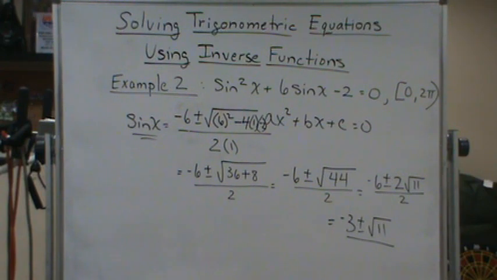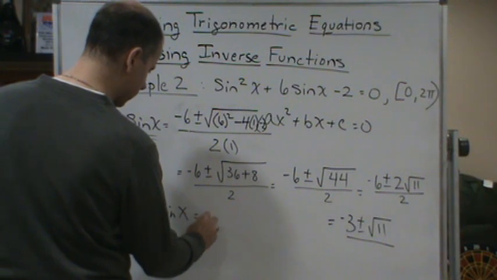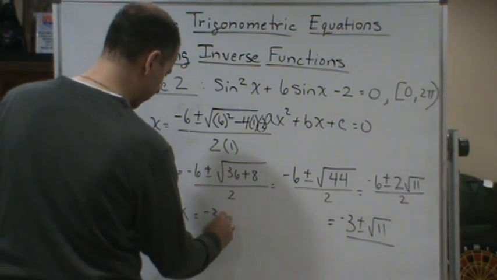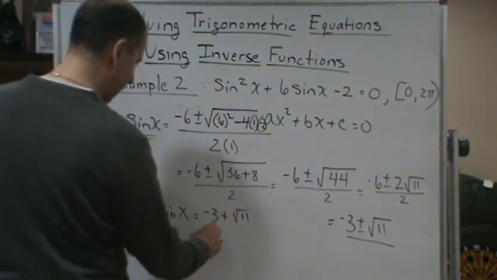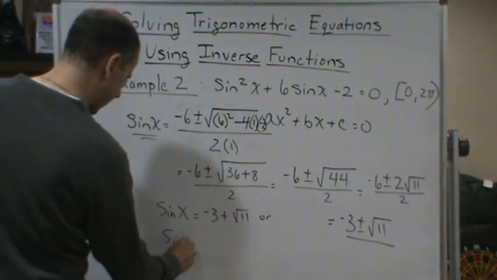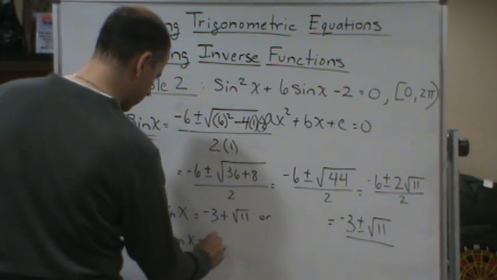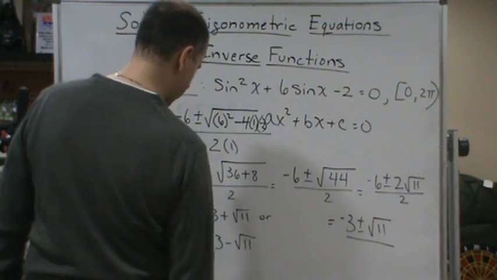Well, how are we going to solve that? We've got sine x is equal to -3 plus the square root of 11, or we've got sine x equal to -3 minus the square root of 11.